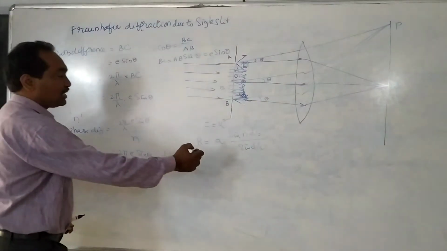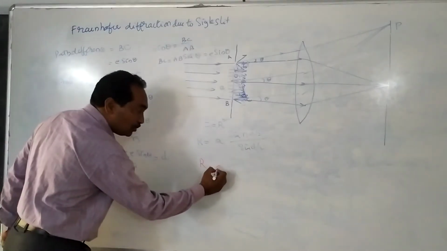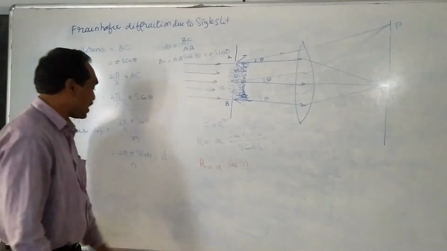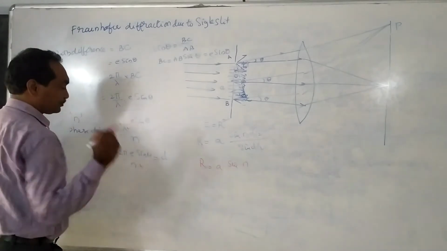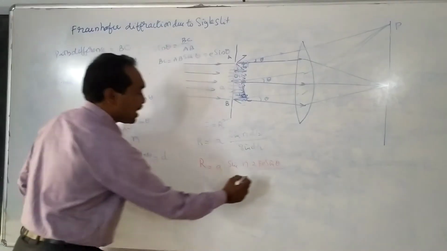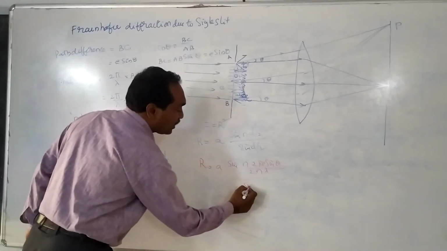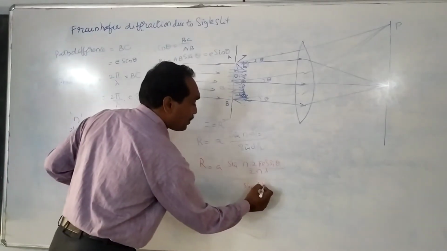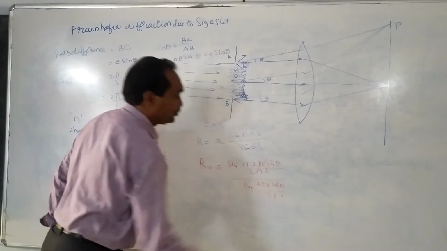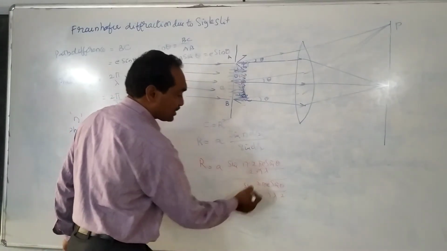Now when we observe this equation, the resultant amplitude R is equal to A into sin n d by 2, where d is equal to 2 pi e sin theta by n lambda, and the 2 is already there. Now the 2 cancels and n cancels.